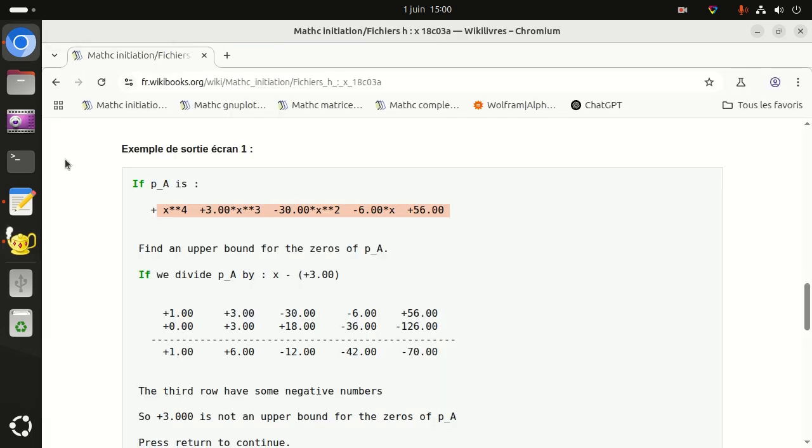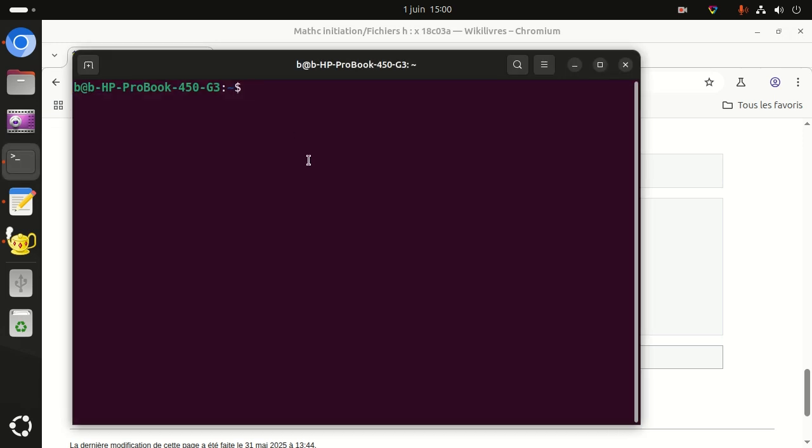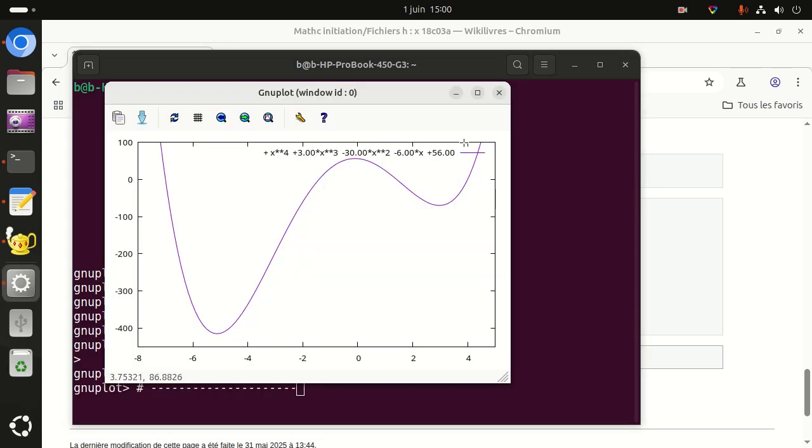Now I want to draw the polynomial in Gnuplot. I call Gnuplot. I try an example. There is no other axis, so I close the window.